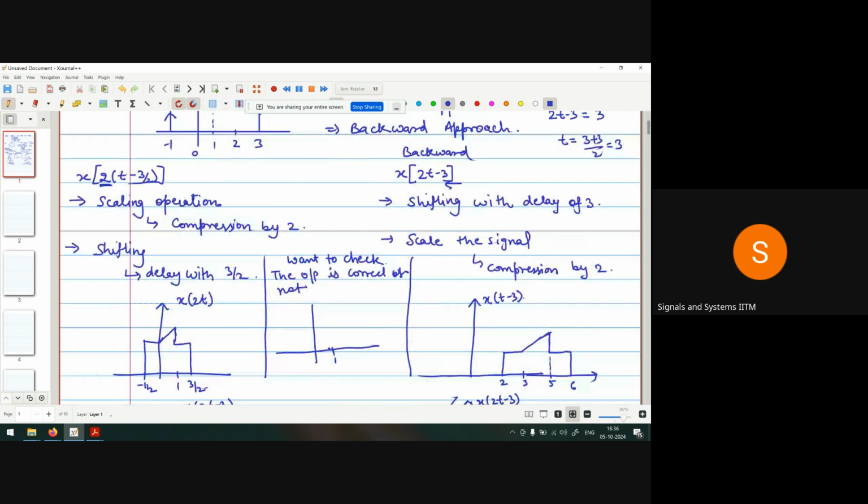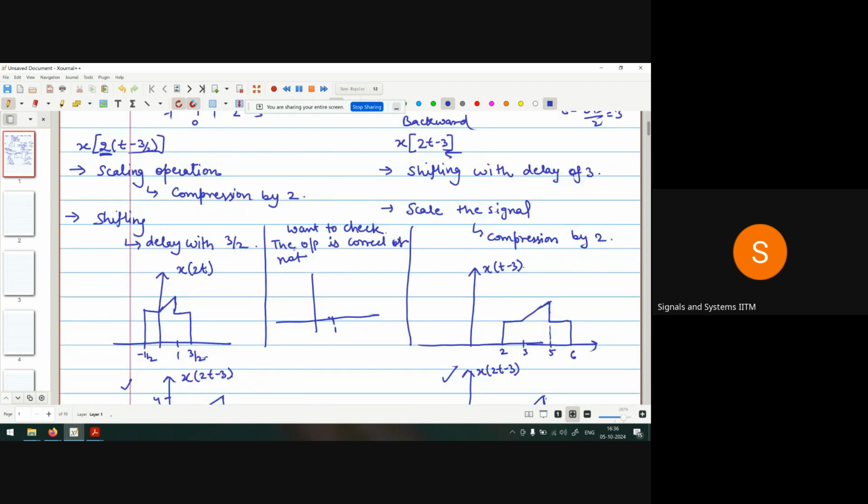So my ending point will be 3. So my signal should lie between 1 and 3. This is my starting point, this is my ending point, so I draw the signal. Okay, this is a quick way to check whether your answer is correct or not.